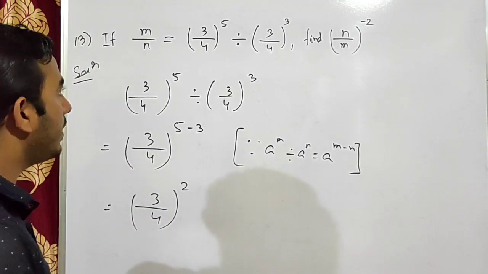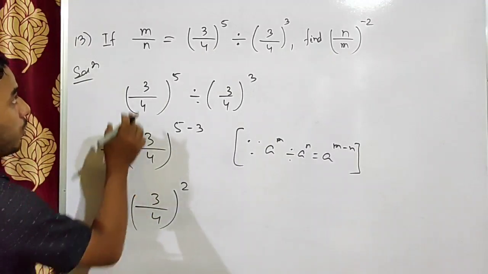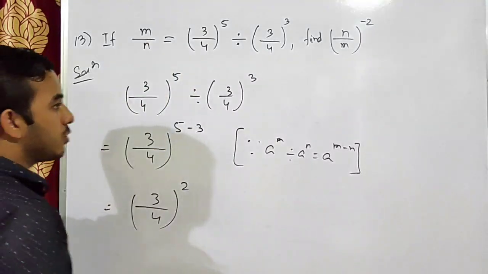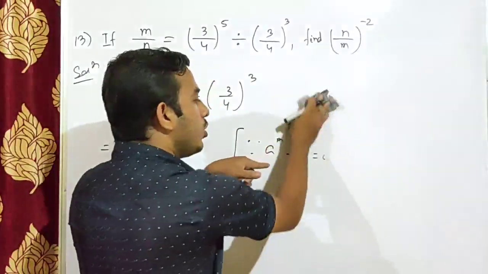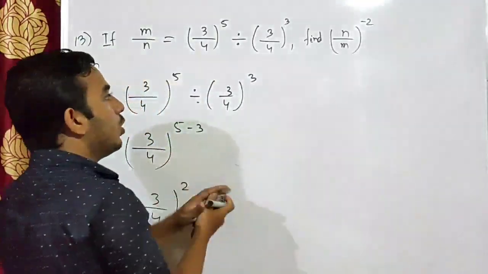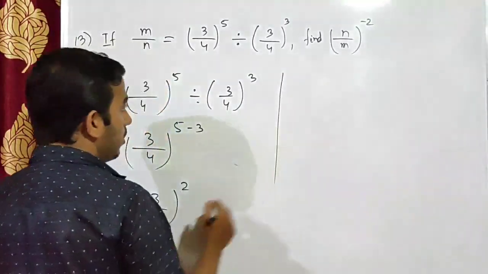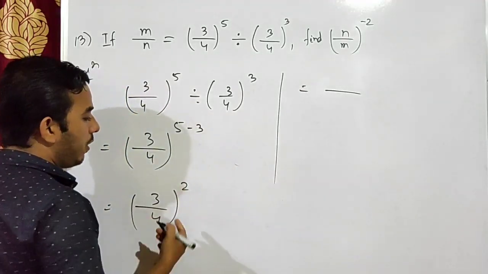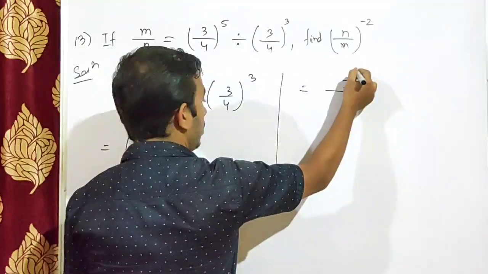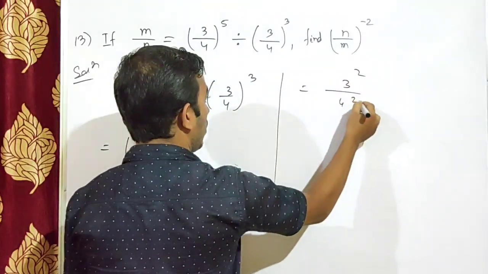Now we have to find the value of m by n. Let me erase this one, but you have to write in your copy which law you are using. Now take it to the simplest form. We can write it as 3 to the power 2 by 4 to the power 2.